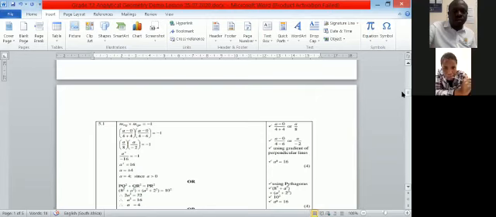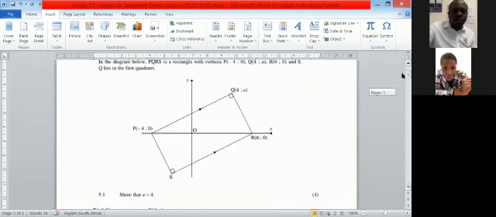Perpendicular lines, if you multiply their gradients, it is equal to -1. Because of this right angle, this 90 degrees here, PQ is perpendicular to QR. So their gradients, if you multiply them, must give you -1. We are using that information to solve for A.